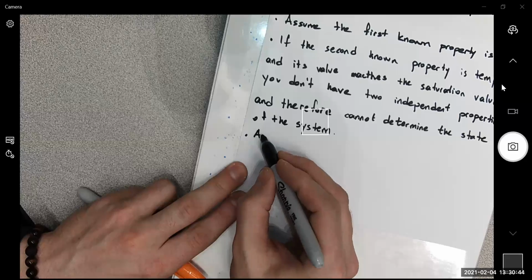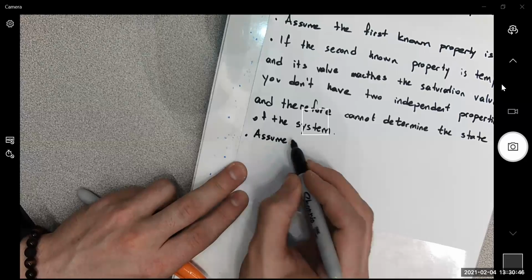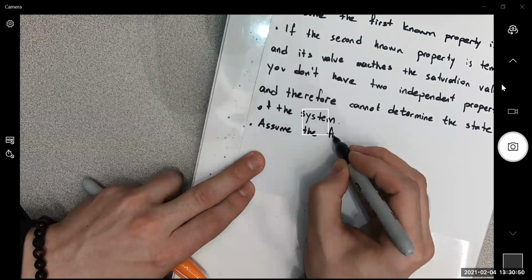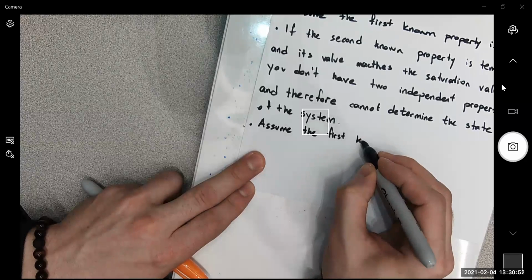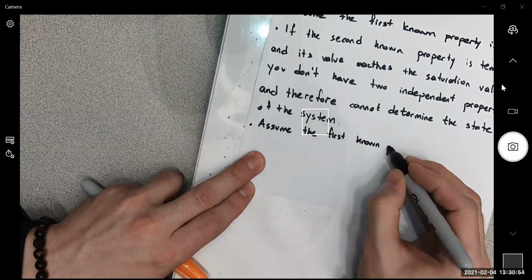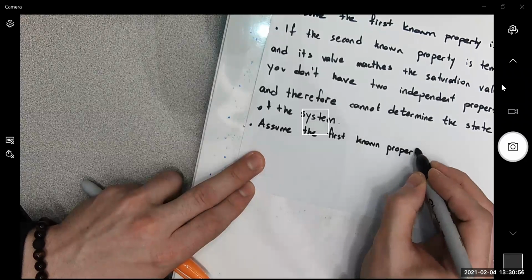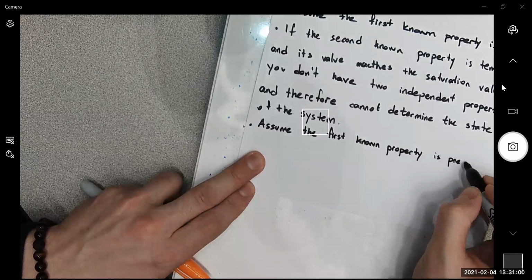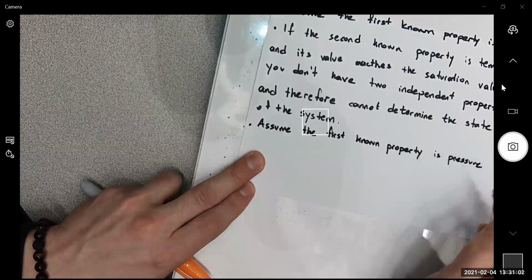So assume the first known property is pressure.